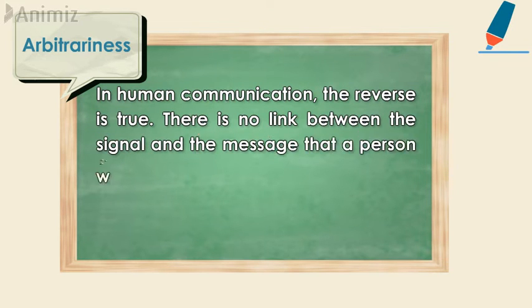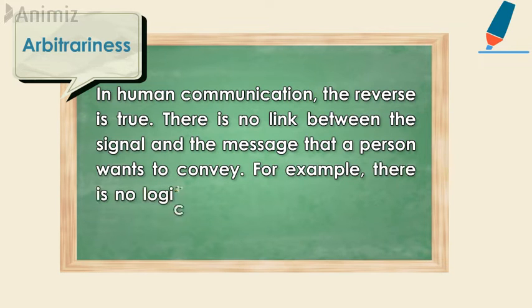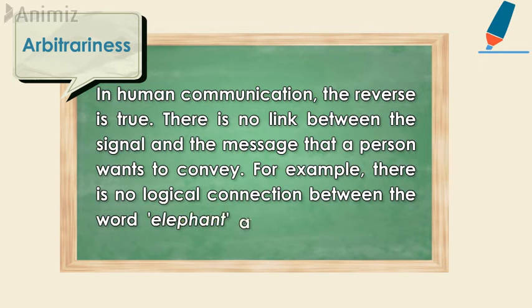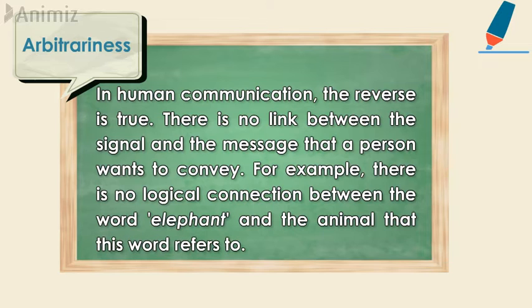In human communication, the reverse is true. There is no link between the signal and the message that a person wants to convey. For example, there is no logical connection between the word elephant and the animal that this word refers to.